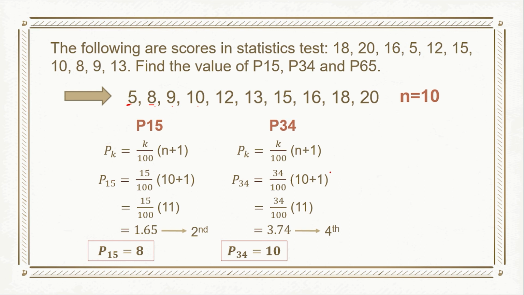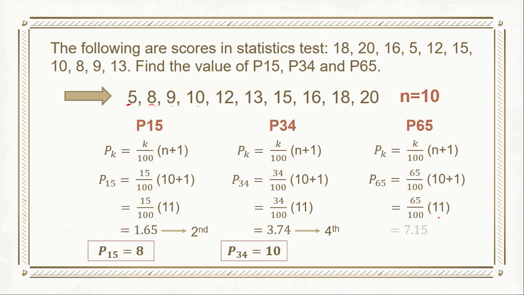So next is we have the P65 or the percentile 65. So same formula lang din yung gagamitin natin. So in here class, we are looking for percentile 65. So therefore, the value of our k here is equal to 65. So we have 65 all over 100 multiplied by 10 plus 1. Okay? So 65 over 100 multiplied by 11. So we have 7.15.